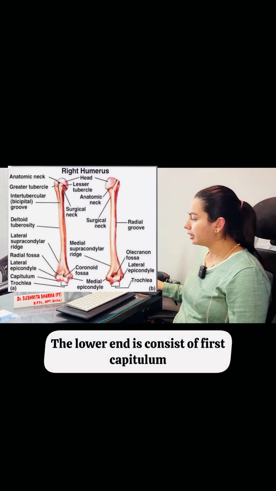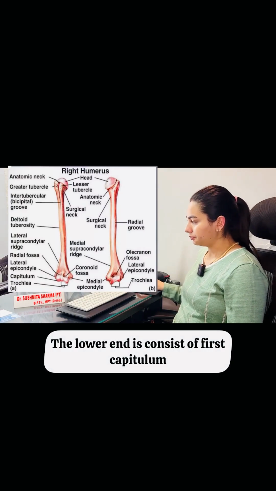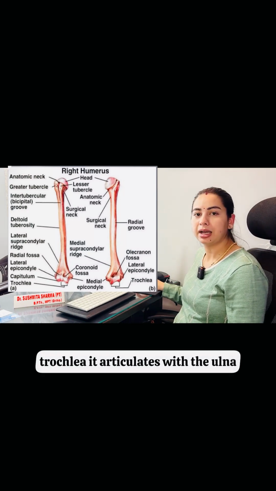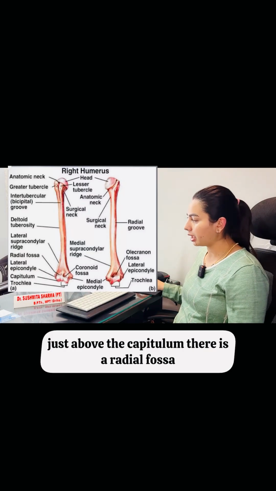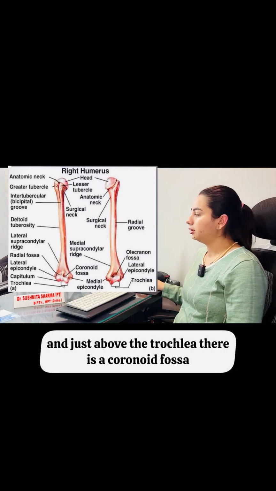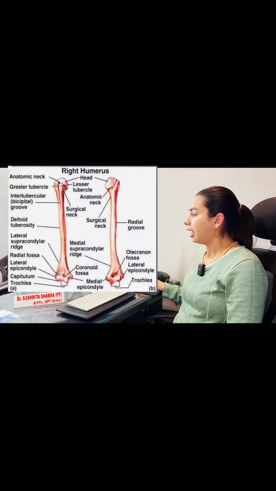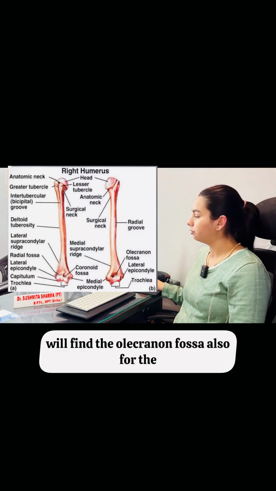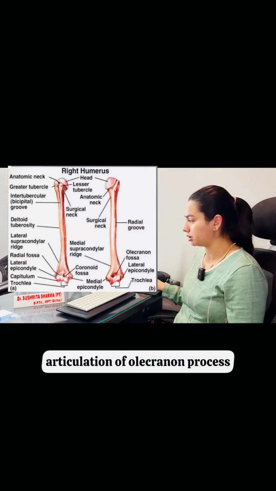The lower end consists of, first, the capitulum, which articulates with the radius, and the trochlea, which articulates with the ulna. Just above the capitulum there is a radial fossa, and just above the trochlea there is a coronoid fossa. In the posterior view, you will find the olecranon fossa for the articulation of the olecranon process.